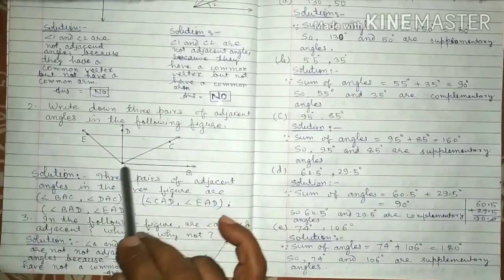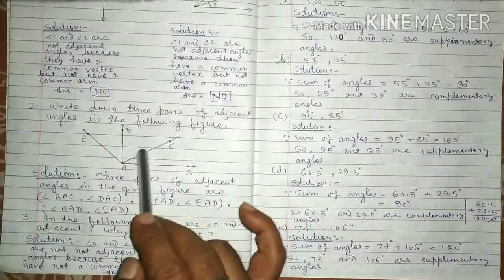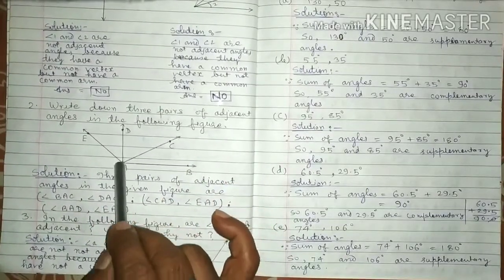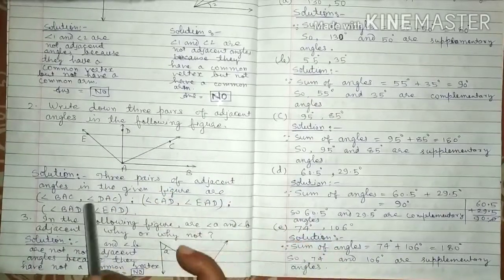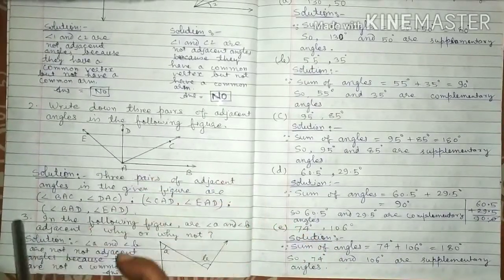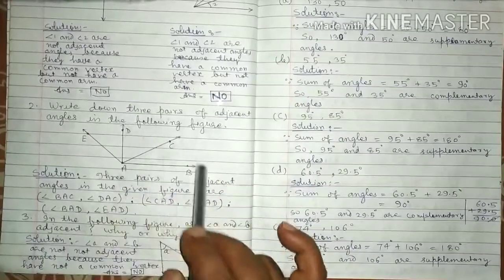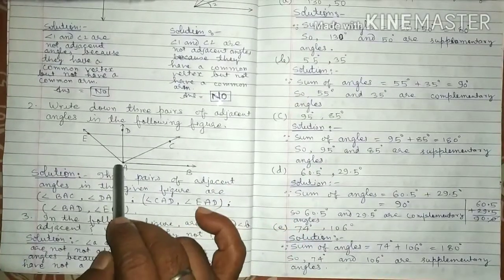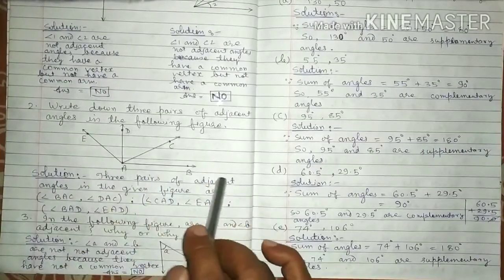Angle CAD, angle EAD. In these two angles, A is common vertex and AD is common arm. Angle BAD, angle EAD. In these two angles, A is common vertex and AD is common arm.